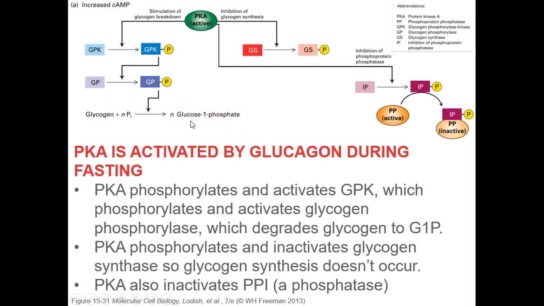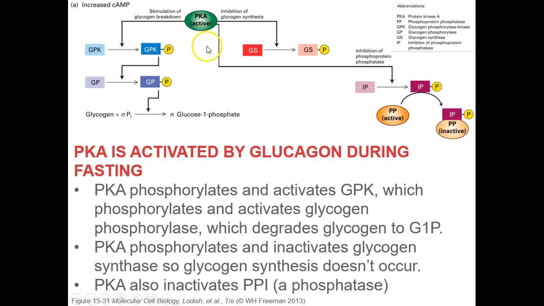And if this is the liver, and it is because we're fasting and it's glucagon, first you convert glucose 1-phosphate to glucose 6-phosphate, then glucose 6-phosphatase would remove that phosphate, and then glucose could leave the cell for the benefit of other body tissues during starvation.